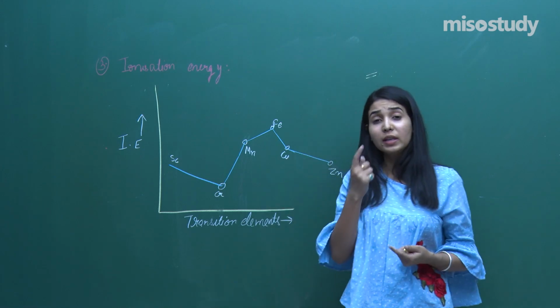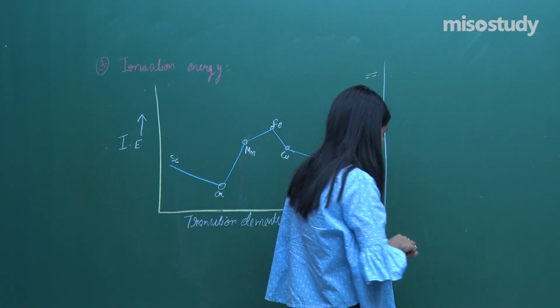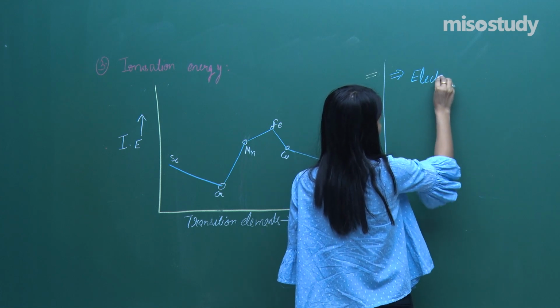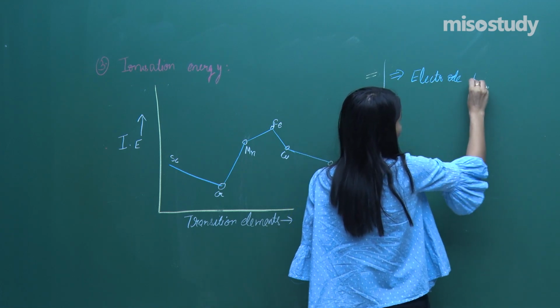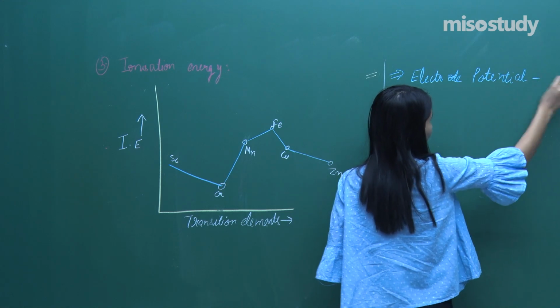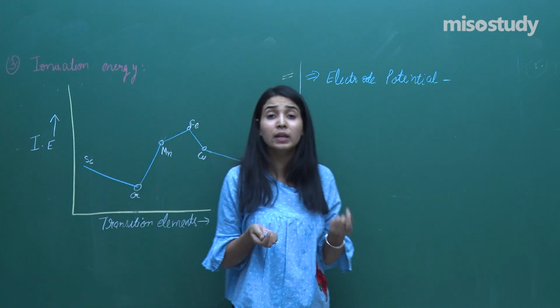Now coming to the next trend, your electrode potential. Again an interesting graph is observed for the value of electrode potential, and the interesting thing is that you don't have to worry about the configurations or the size.